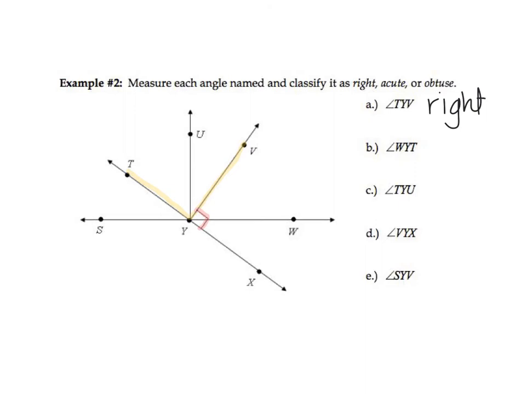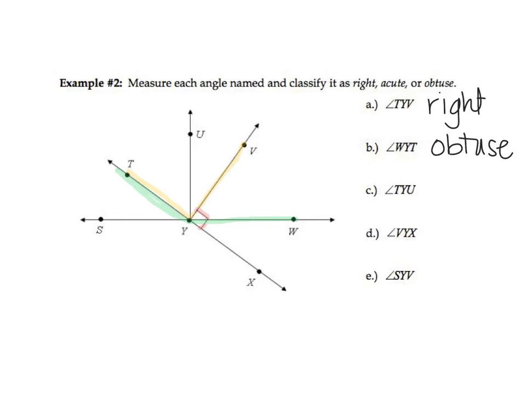Next, we are looking at angle WYT, so W, Y, and then T. Well, YU is straight up in that angle, which would indicate a right angle along UYW, which extends past it, so I can say that my angle WYT is obtuse.